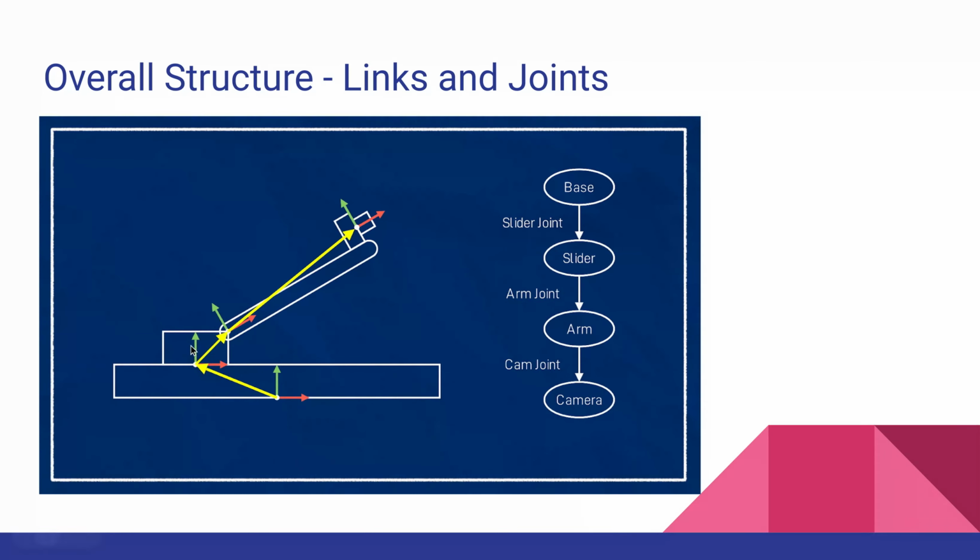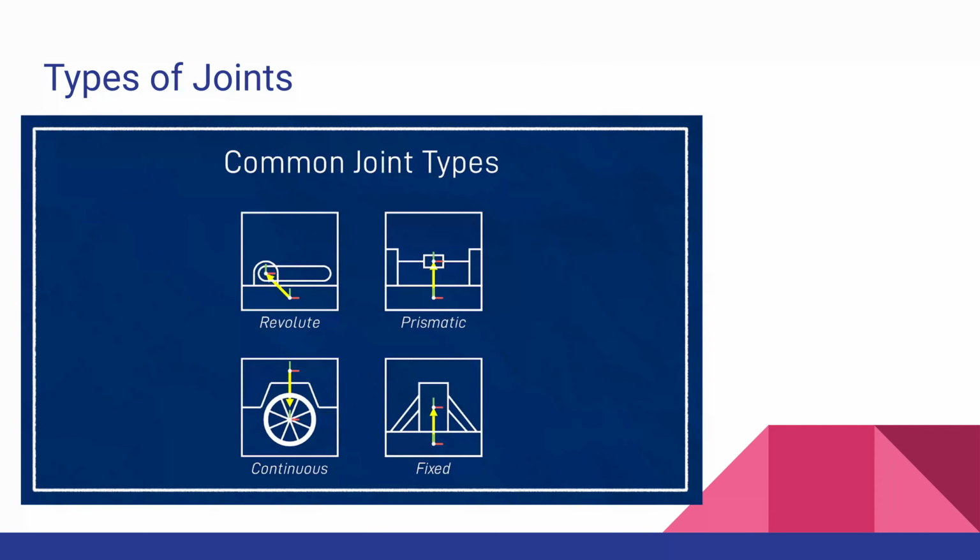If you see the connections, there's a sliding joint between the base and the slider, right? Between the slider and the robotic arm, there's a revolute joint. Between my robotic arm and the camera, there's a fixed joint, or as you say, camera joint. You can name it anything, but it is a fixed joint because we want it to be fixed.